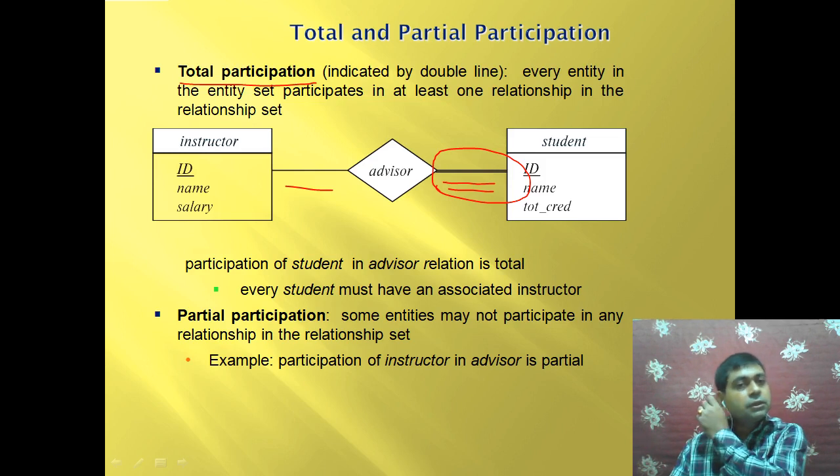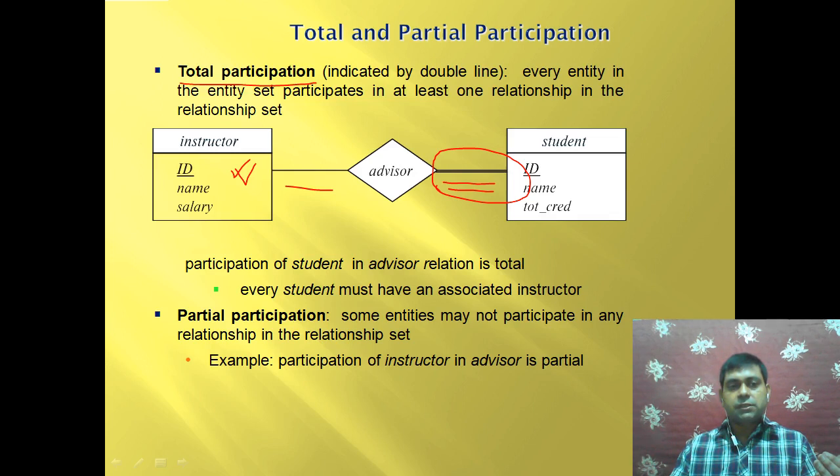But in this example, here we have a single participation link, that means it is partial participation. There are some instructors who are not yet assigned to any students. It could be possible that some instructor, let's say the HOD of the department, who is not taking classes and only doing administrative jobs, is kept aside from this particular relationship.